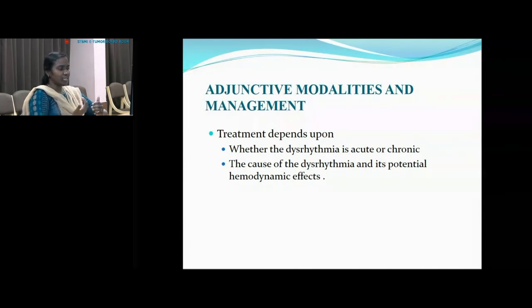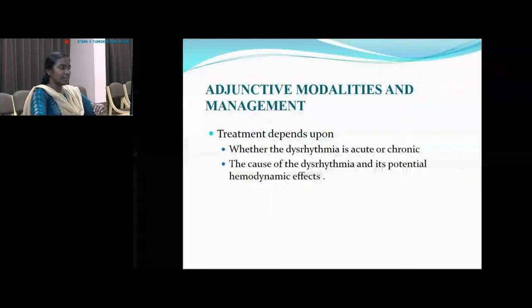These conditions are manageable: the root cause for the dysrhythmia should be ruled out and properly treated. Then further progress of the dysrhythmia can be prevented.